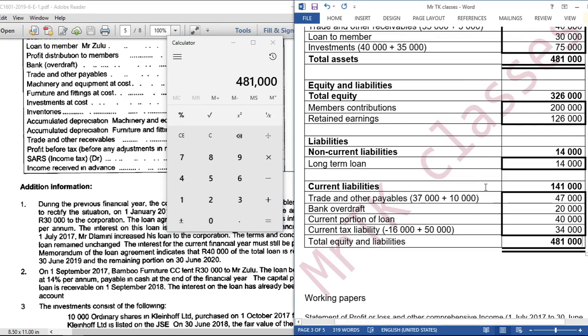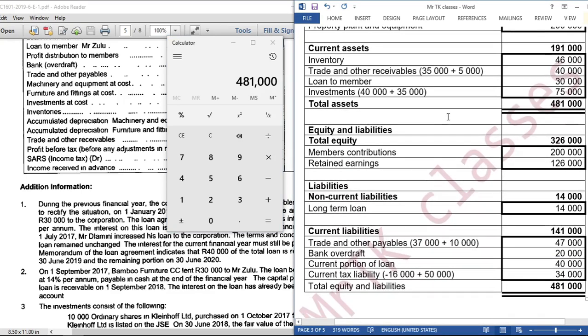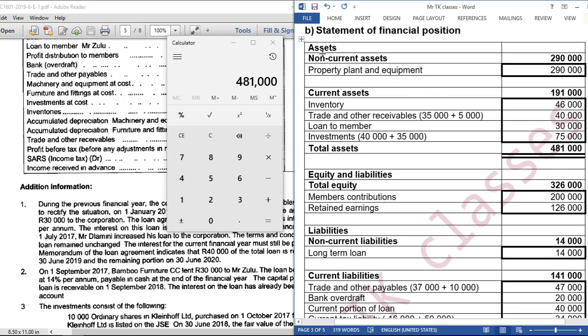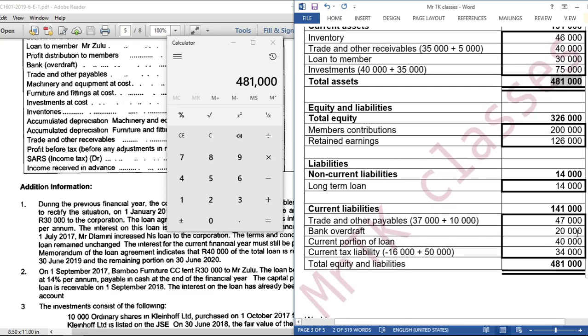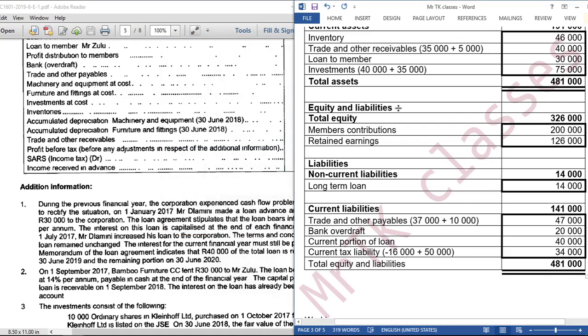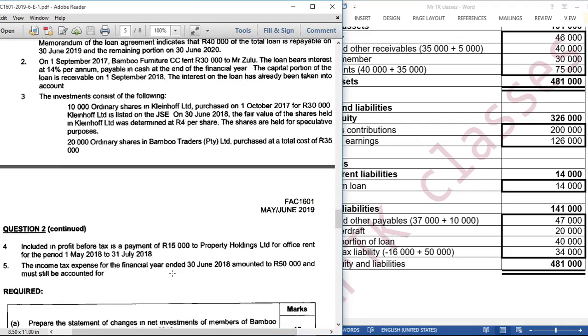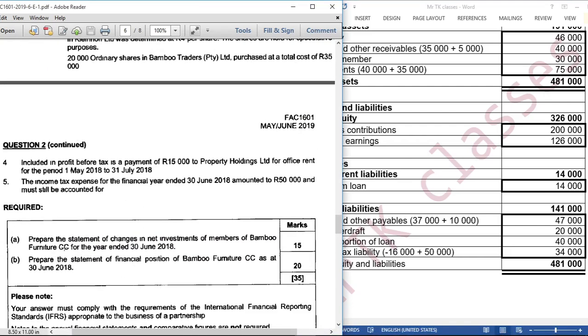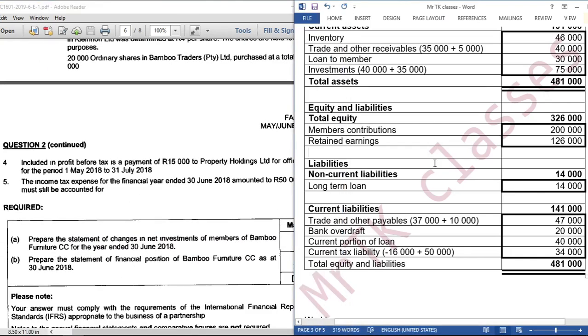At the end, this should satisfy the accounting equation, which says assets, which have a total of 481,000, are equal to equity and liabilities, which have a total of 481,000. So 481,000 is equal to 481,000. Okay, so we are done with this question.